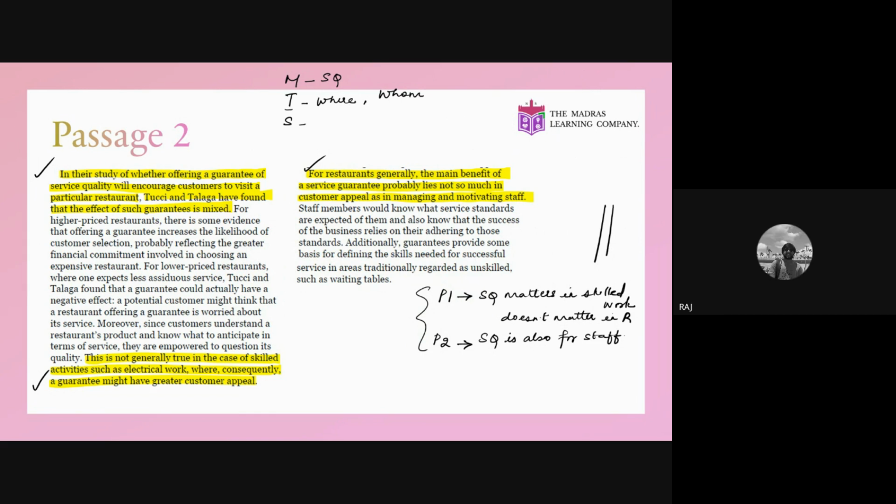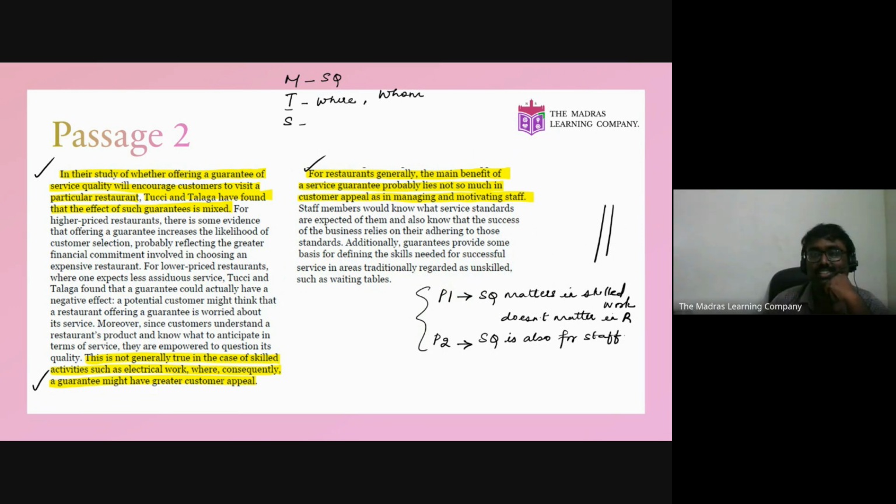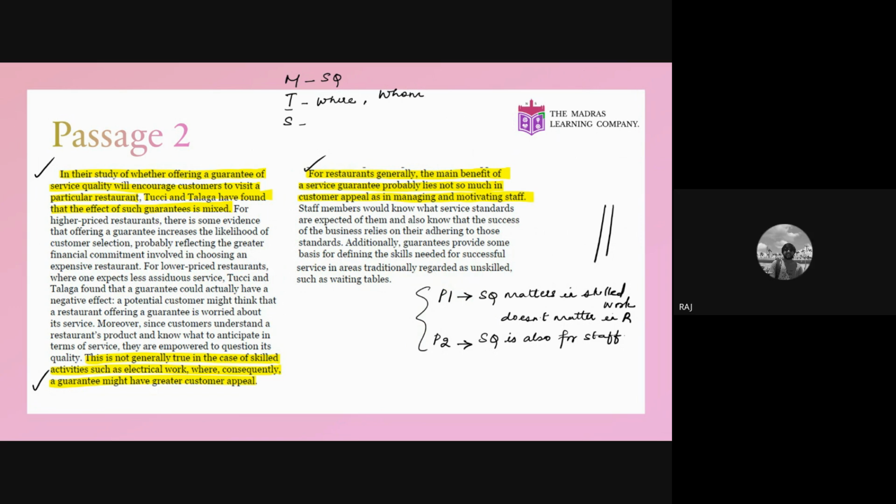Raj, but the overall study says that if you do this, then it's not just about the customer, I mean the service guarantee, but it's also about managing and motivating the staff. So it's an overall opinion, I would say. So single or multiple? Multiple. Okay.